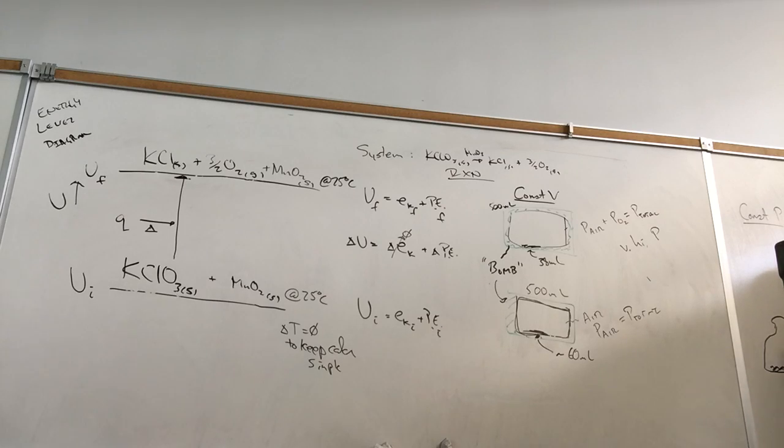What's going to happen is, as the O2 is being generated, the container is going to expand. One way to get the container to expand is just put a balloon on the end of this. So let's put a balloon here. And this balloon is going to grow to how big? Well, how many liters of O2 am I going to generate under normal conditions?